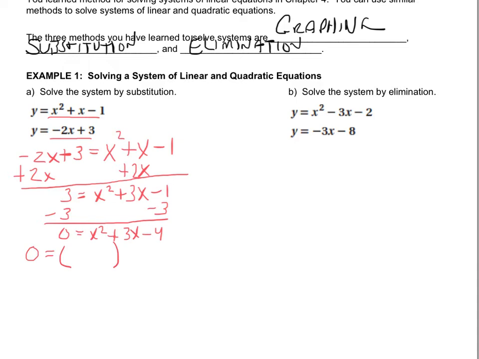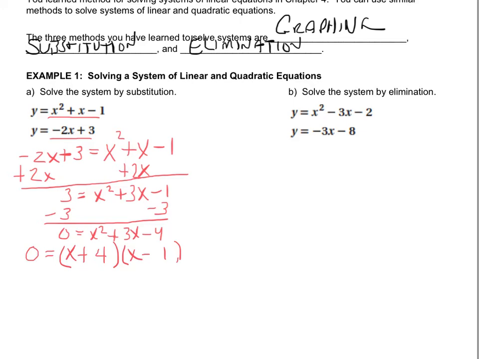I'm going to set up my two binomial parentheses. I'm going to put x on the fronts. And if I think about my factor pairs of the negative 4, I'm going to use 4 and 1. Because I'm trying to combine to make a plus 3, I'm going to keep the 4 with the positive and the negative with the 1.